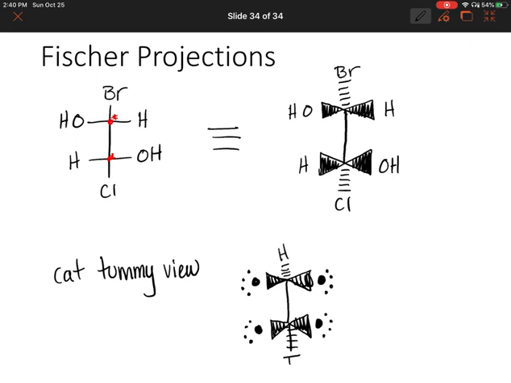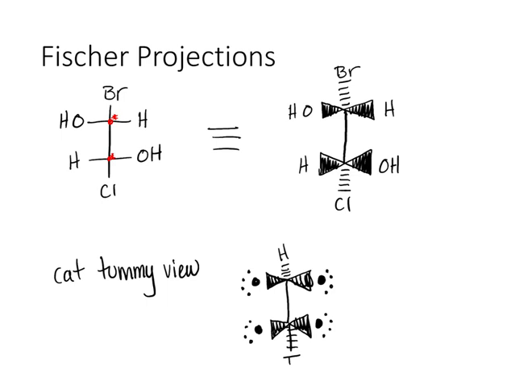So you can think of it like a cat. Oops. I hit the next slide. I didn't mean to go dark on you there. Okay, so if you like to think about this three-dimensionally, imagine a cat laying on its back, its paws are reaching up towards you, and then its head and its tail are pointing away from you.